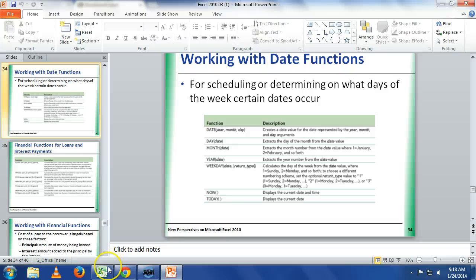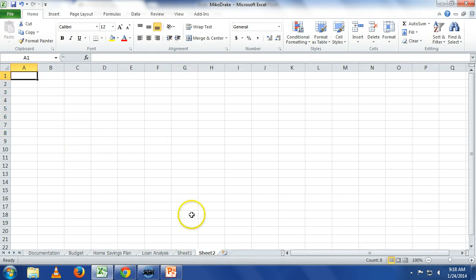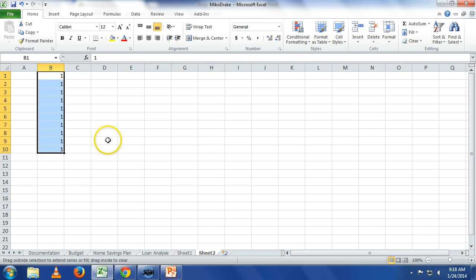Okay, so let's go into Excel. Let's go to a blank sheet over here, or another blank sheet. Let's do autofill in a column, and I'm going to do fill series. So I have 1 through 10.